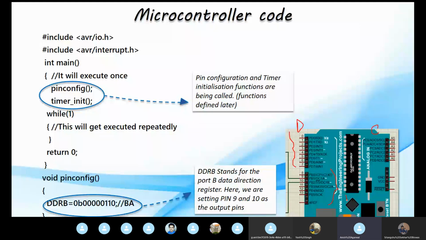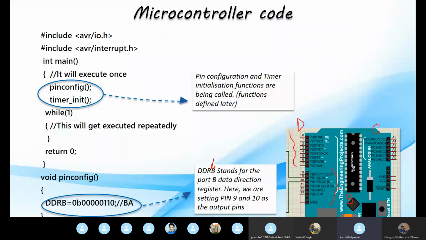So when I talk about DDRB, it is just that we are setting the values of the pins from 8 to 13. The least significant bit of DDRB stands for the 8th pin, like pin number 8, where you can see PB0, ICP1, CLKO.